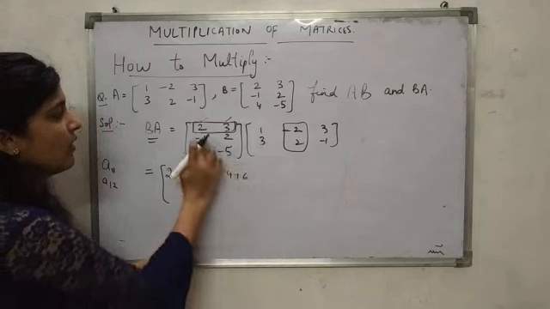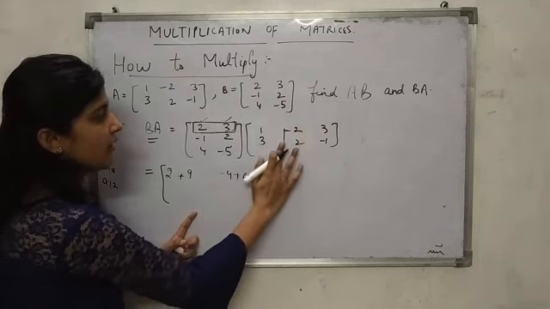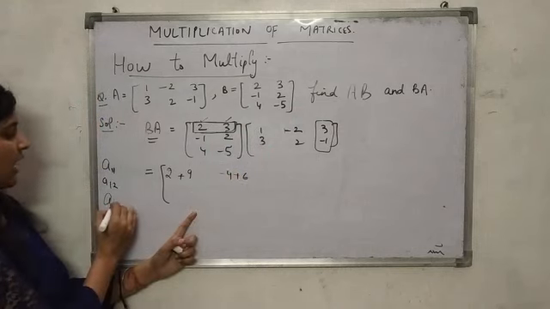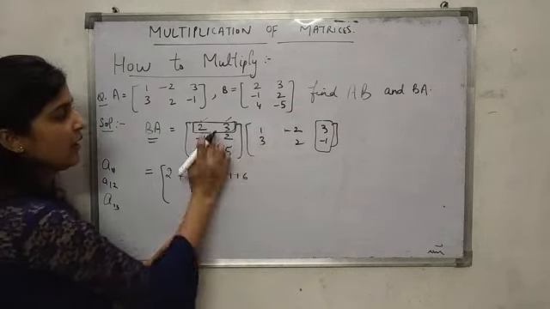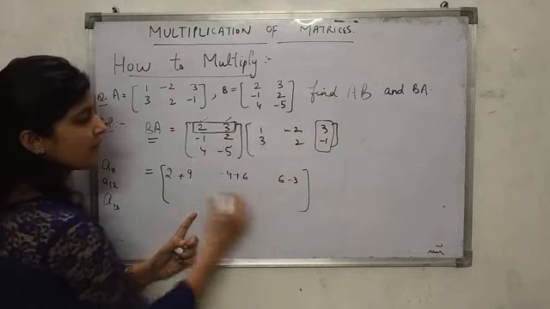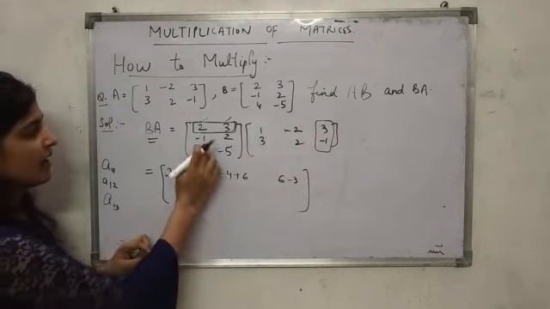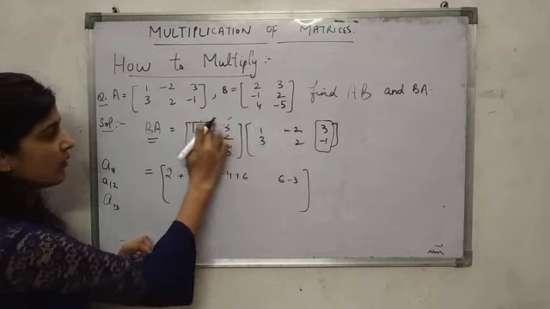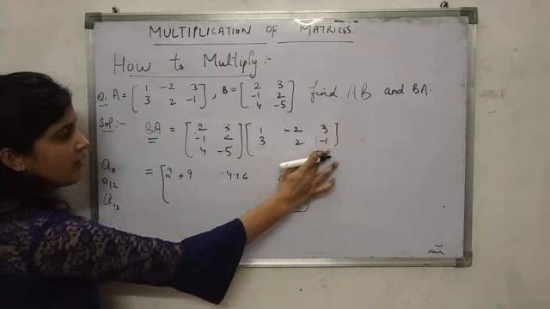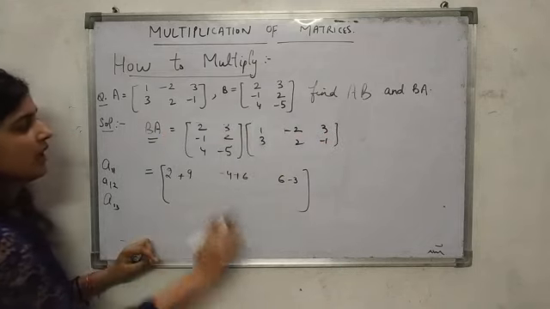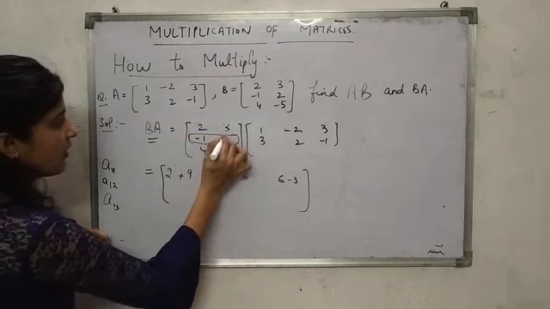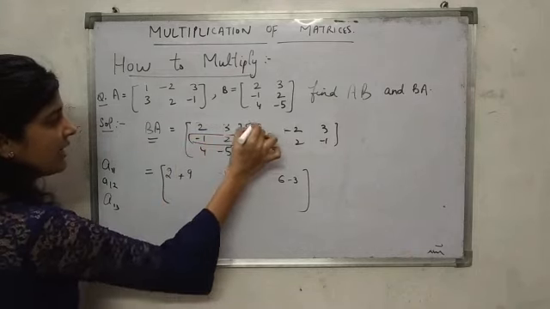Clear? Now, first row and third column means A13, so it will be written here. 2 into 3, 6, 3 into minus 1, minus 3. Clear? In the same way, second row and first column.